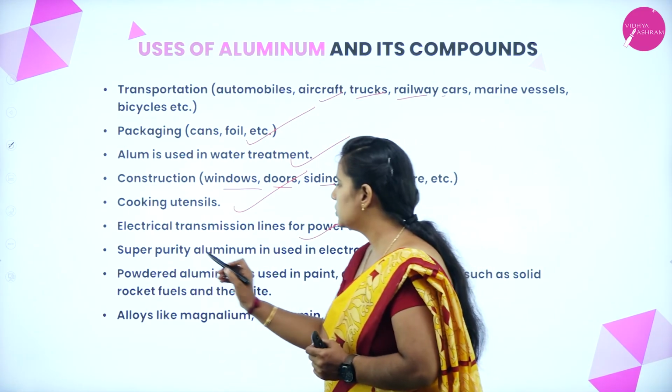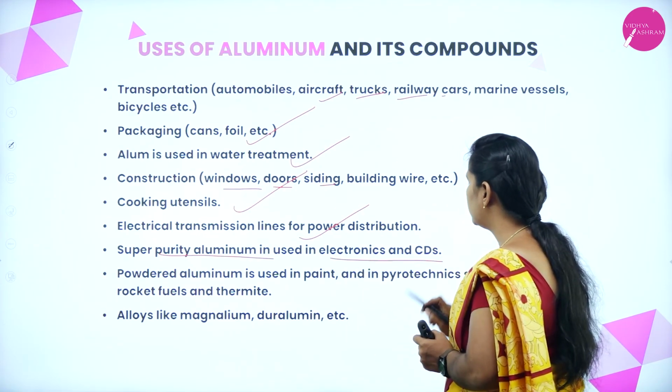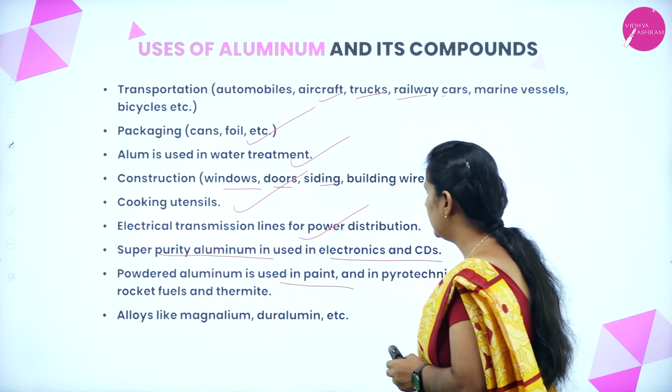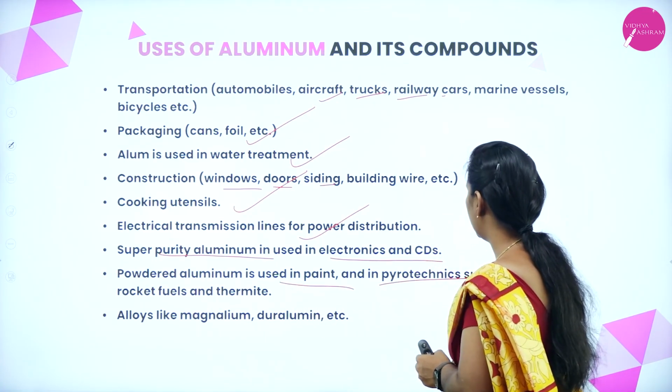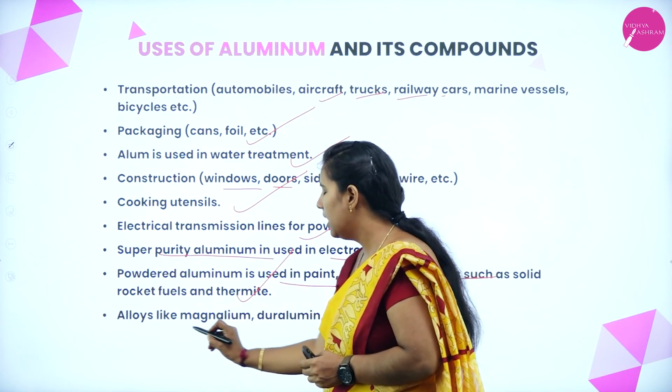Super-pure aluminium is used in electronics and CDs, and powdered aluminium is used in paint as well as in pyrotechnics such as solid rocket fuel and thermite.